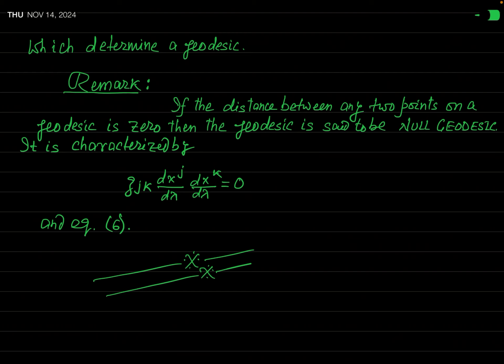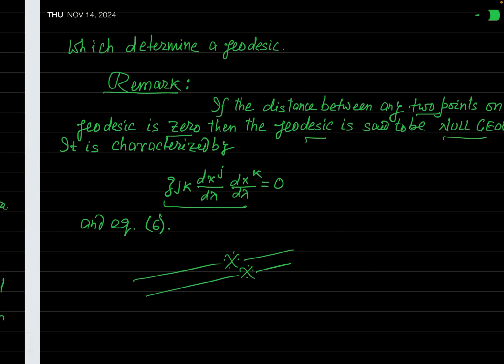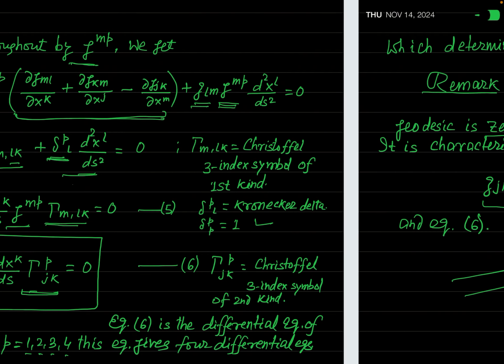Okay? Now we will see a very remarkable fact. If you consider that the distance between any two points on a geodesic is 0, then such a geodesic is called a null geodesic. And that null geodesic is characterized by this equation along with this differential equation.